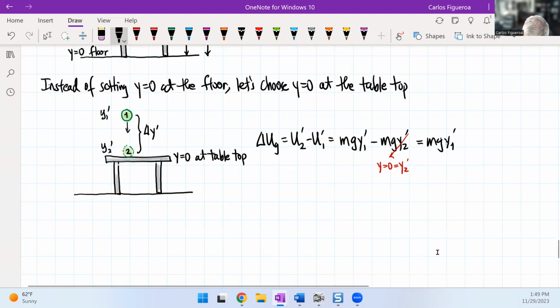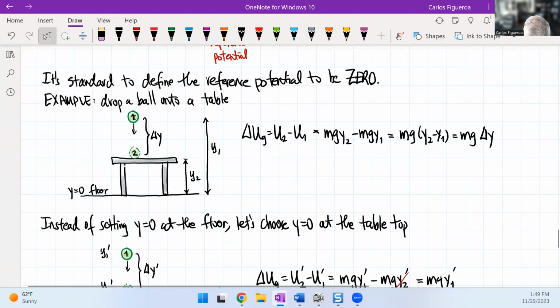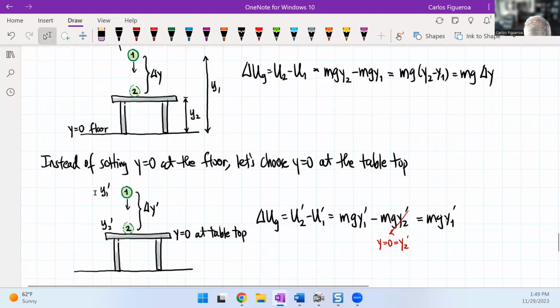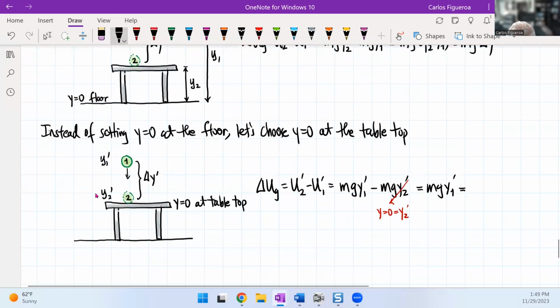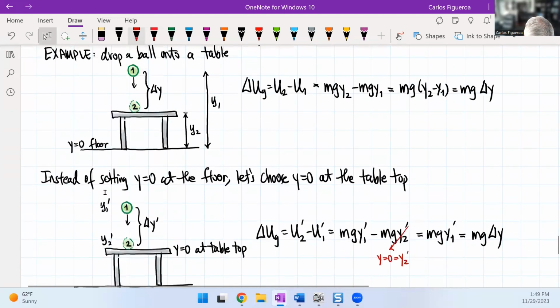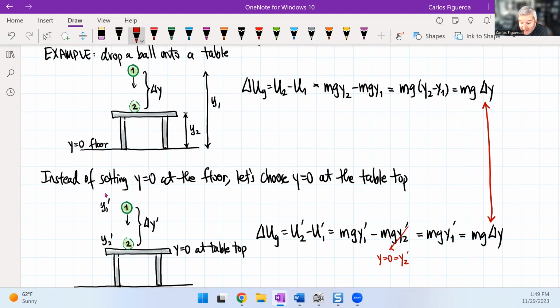So when I look at the distance between falling from 1 to 2 when measured from the floor, we can only conclude that it has to be the exact same distance, even though I picked y equal to 0 to be a different location here. The fall of the ball does not change. The height change is the same no matter how you measure that height change.